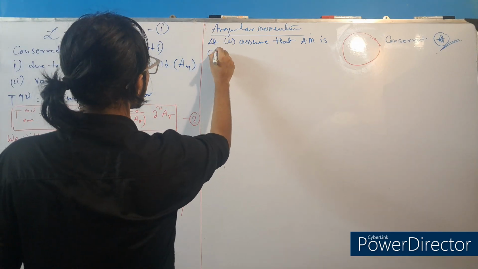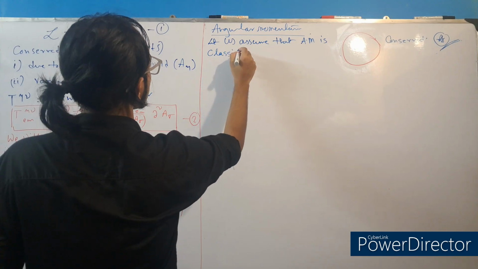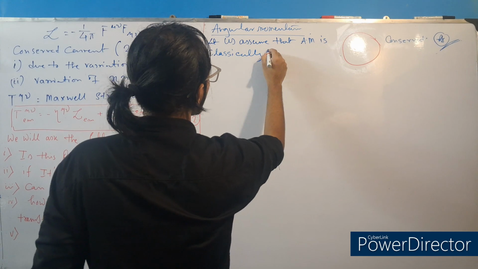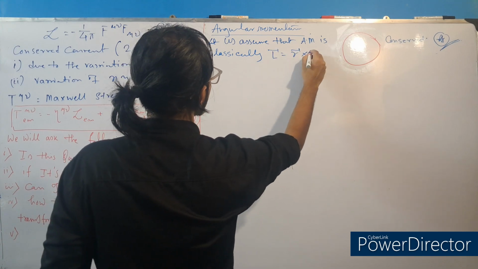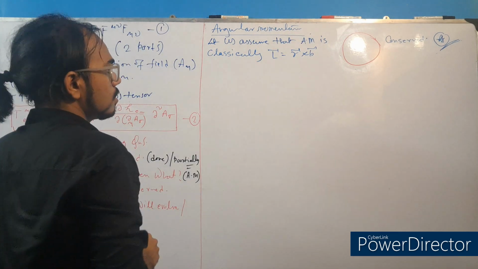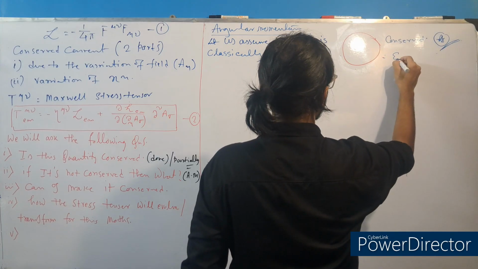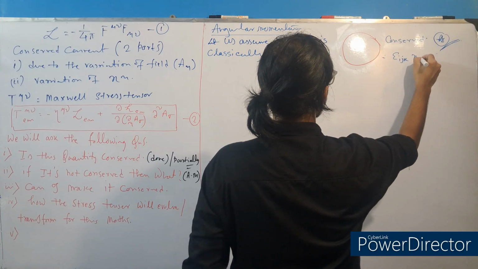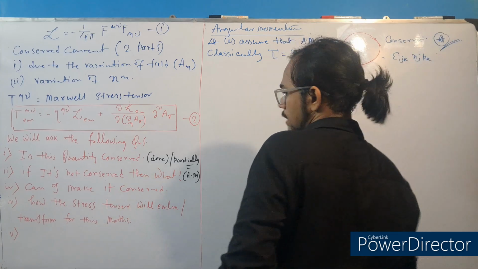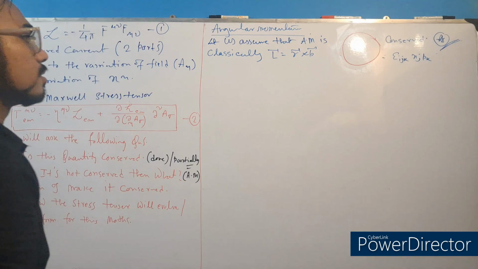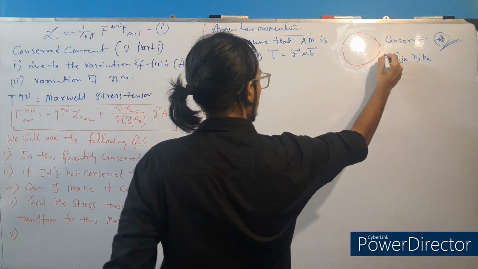Okay, so classically, as it's a classical theory, angular momentum L is basically R cross P. We know that. So in terms of Levi-Civita notation, we can write that epsilon ijk xj pk. I think you guys will agree with this.